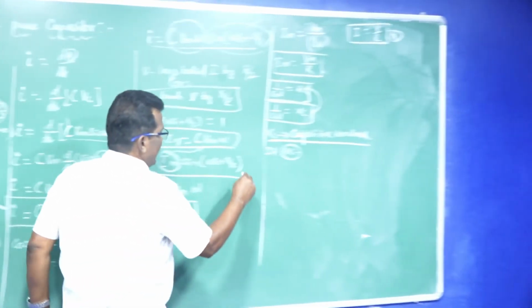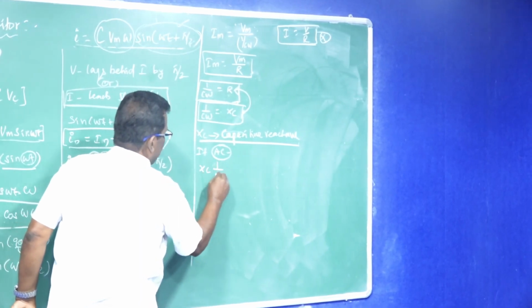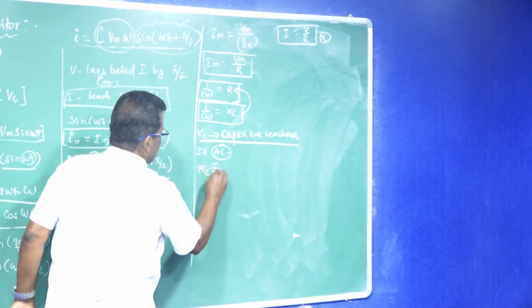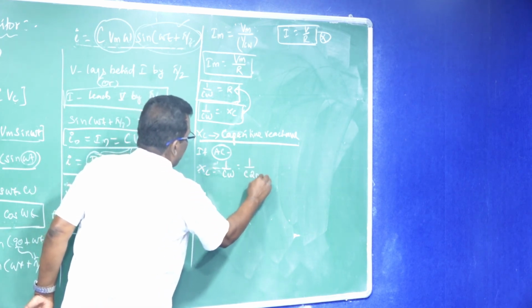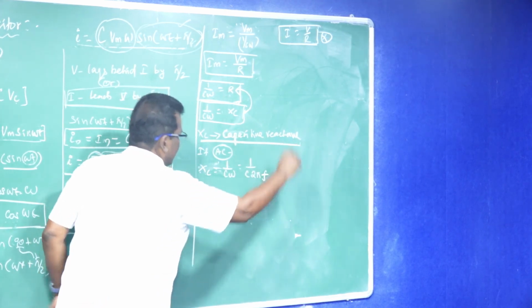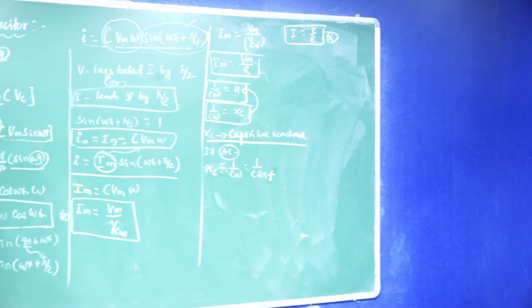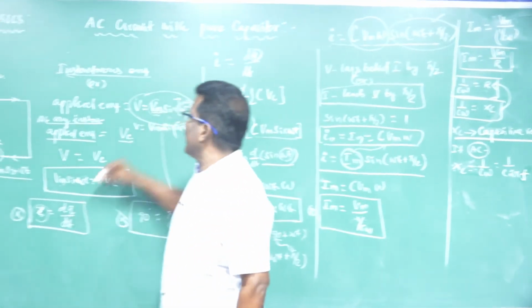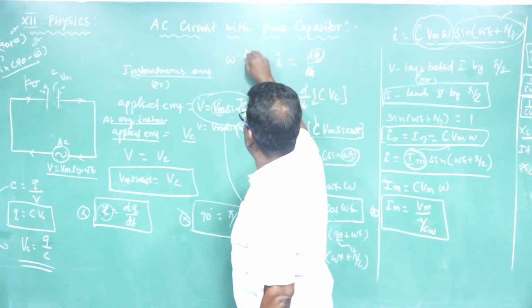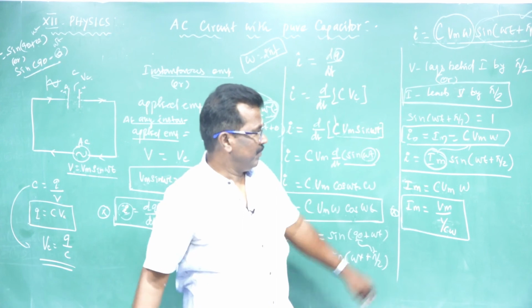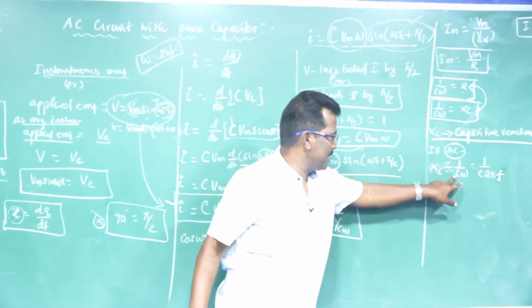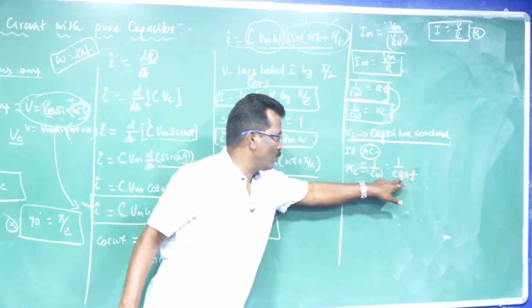So XC is equal to 1 by C omega, or 1 by C 2 pi F. F represents the frequency. Omega is equal to 2 pi F. So XC is equal to 1 by C omega, or 1 divided by C 2 pi F.